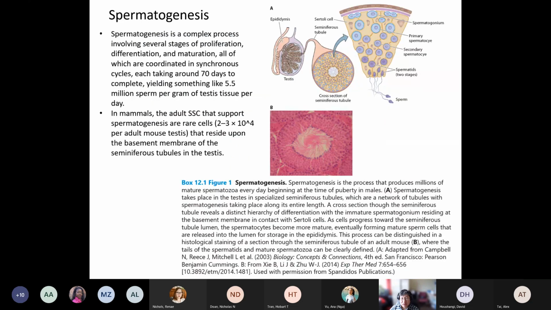Let's go back to the structure. What you can do is inject the cell into the tubule, the seminiferous tubule. That's the only thing you can do, right? When you do a transplantation, even with some modern techniques, it's still very hard to inject into the membrane area without causing damage, right?